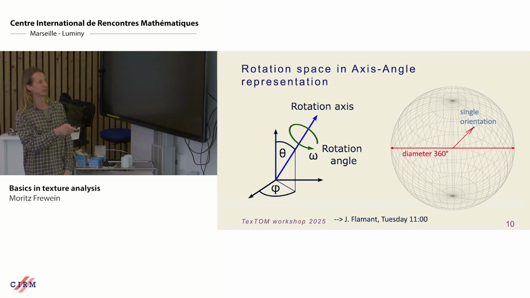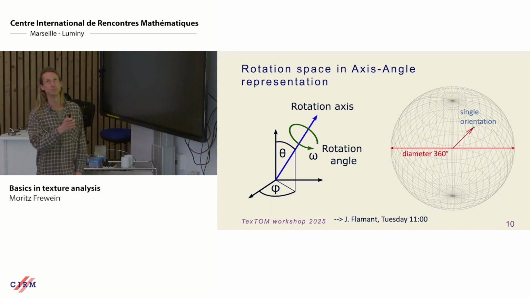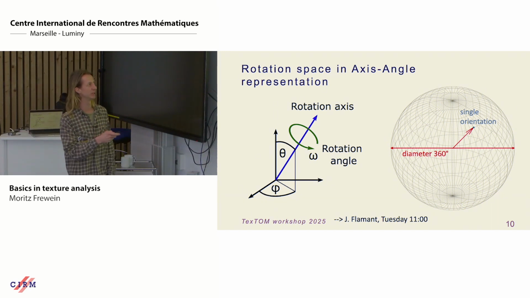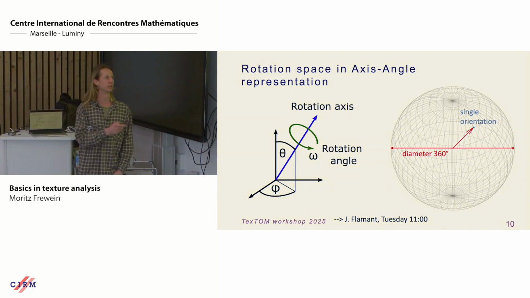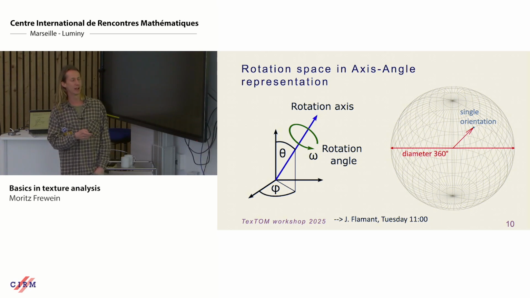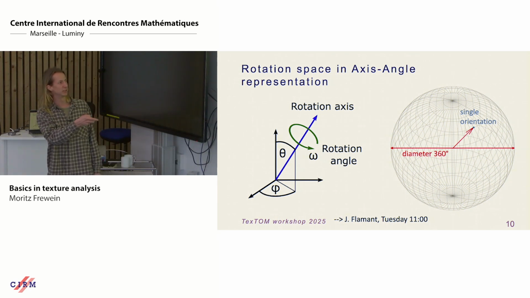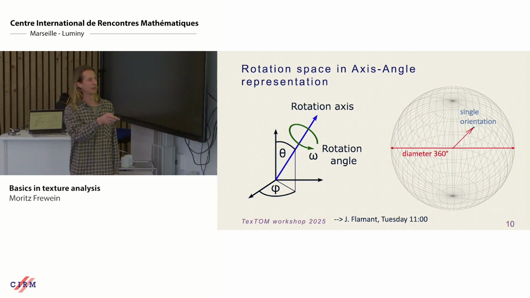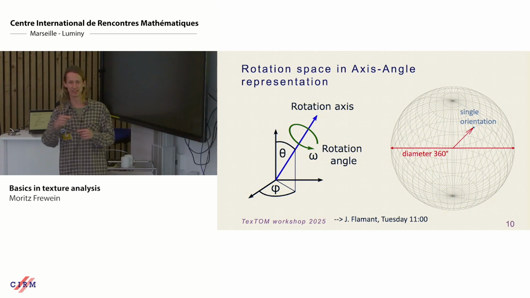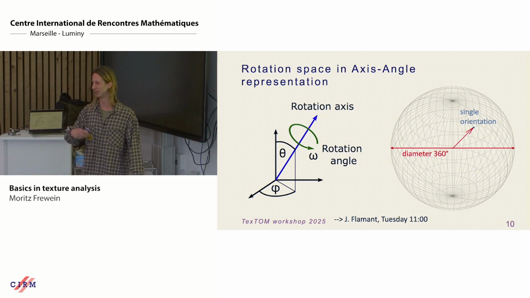So the direction from the origin will be the direction of the rotation axis, and how far we go from the origin defines the rotation angle. So the diameter of the sphere is consequently 360, and the point here on the sphere will be the same as on the opposite side, because if you rotate by 180 in either way, you will get to the same point.